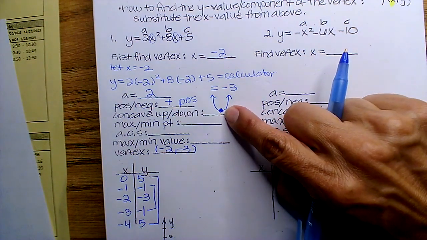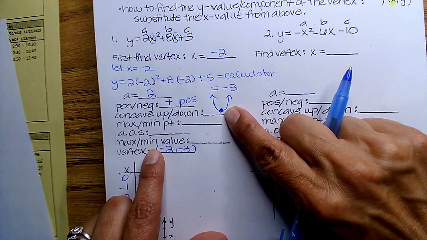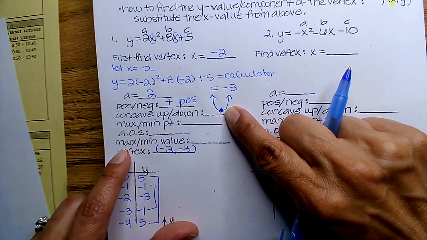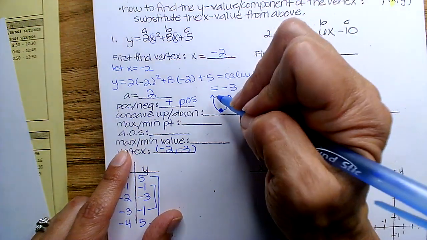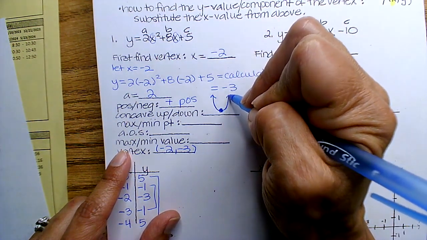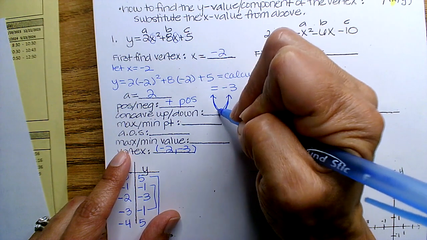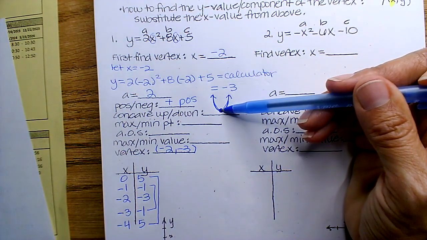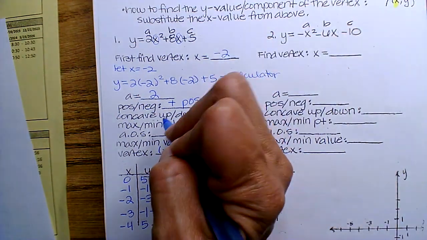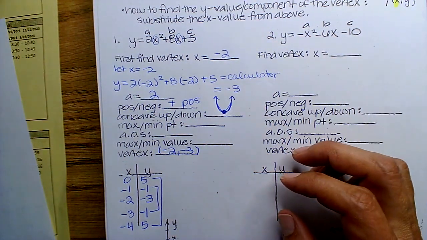Is that vertex going to be a minimum point or a maximum point? If this is your vertex, is this the lowest or the highest? The lowest. So it's going to be a min.